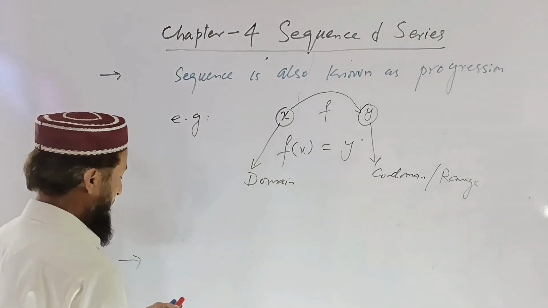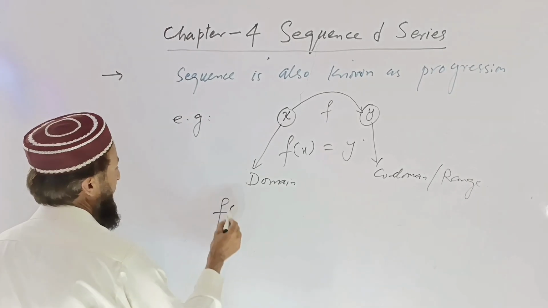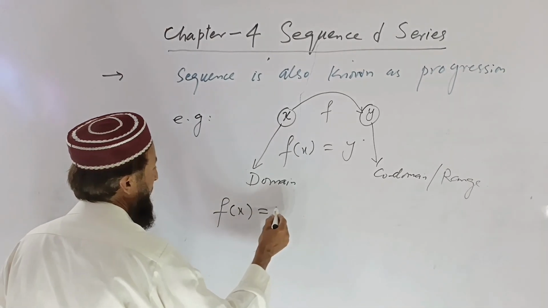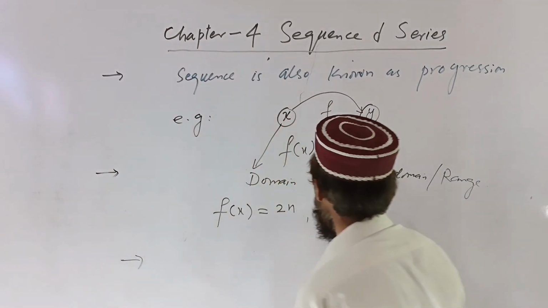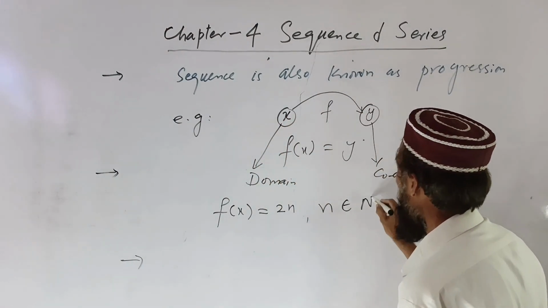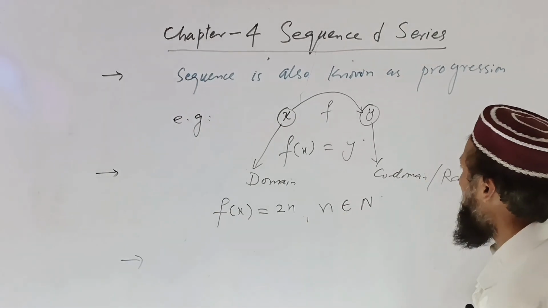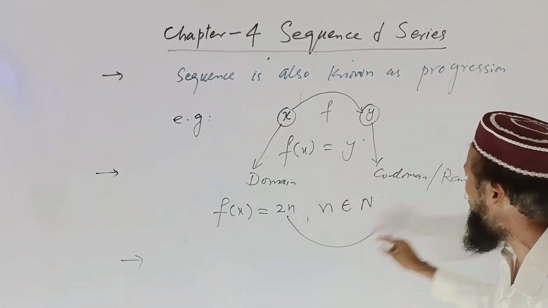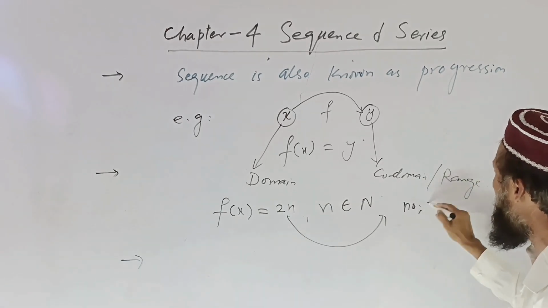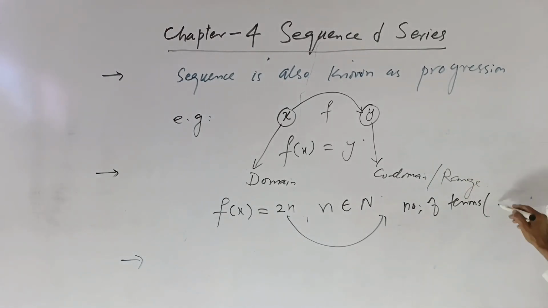But in a sequence we can write, for example, f of n is equal to 2n, where n belongs to the natural numbers. This formula is used for even numbers.